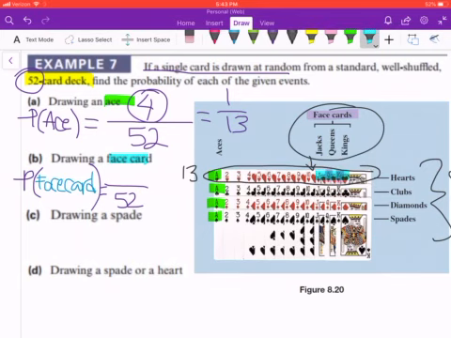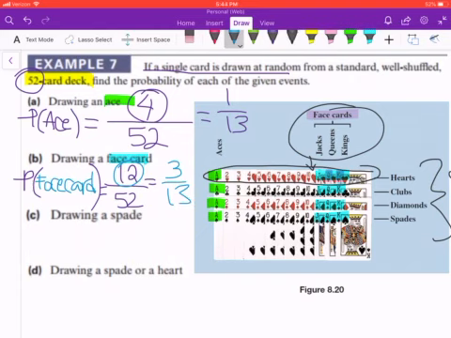So we'll have 3, 6, 9, and 12. So 12 out of 52. And of course here we can simplify. We could divide by 4 actually. 12 divided by 4 is 3. And 52 divided by 4 is 13.